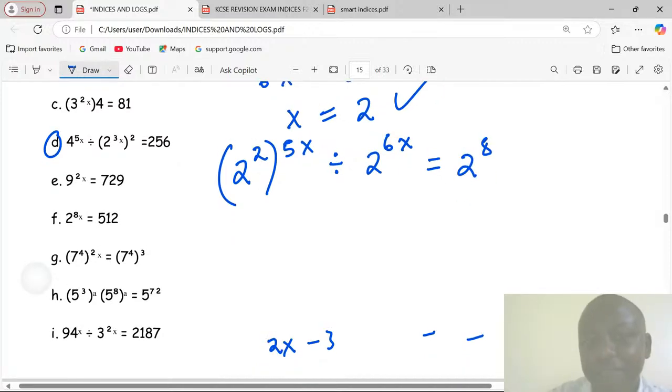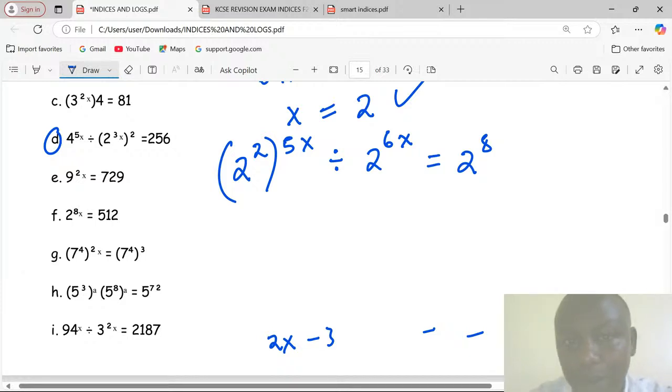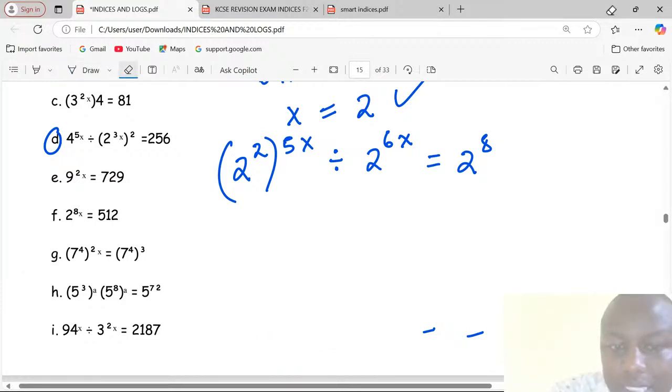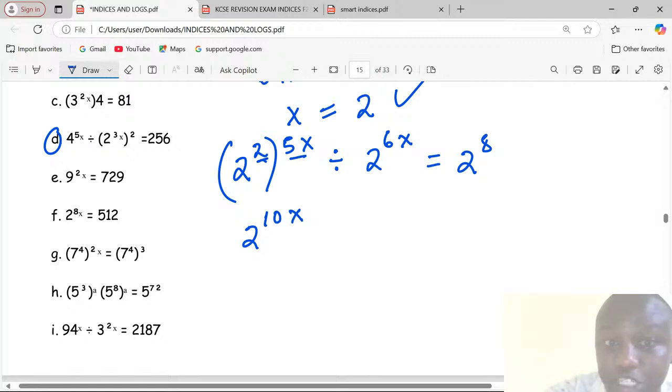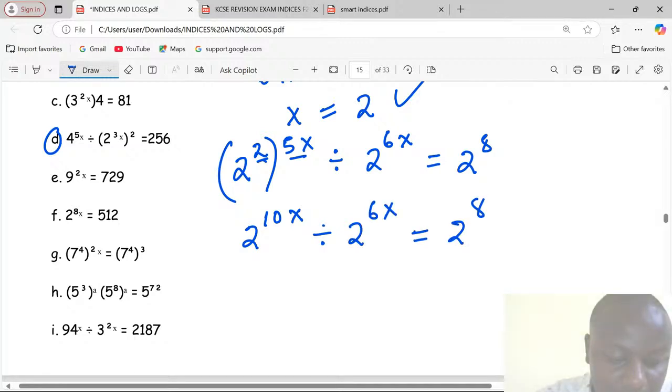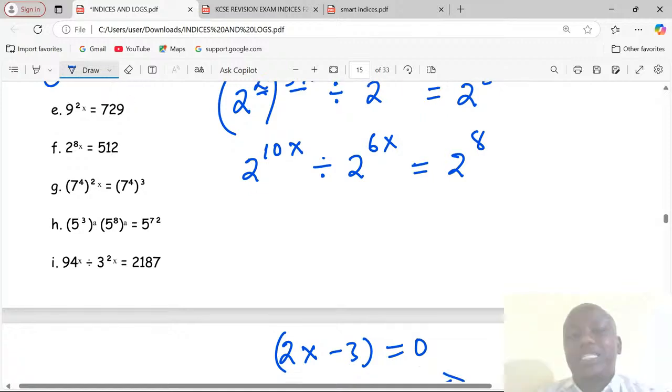So now that we are having the same base, we can apply laws of indices or laws of powers. Check here. This is 2 power 10x because we have to multiply here, the product law, divided by 2 power 6x equivalent to 2 power 8. But look at the left hand side whereby the bases are just the same.